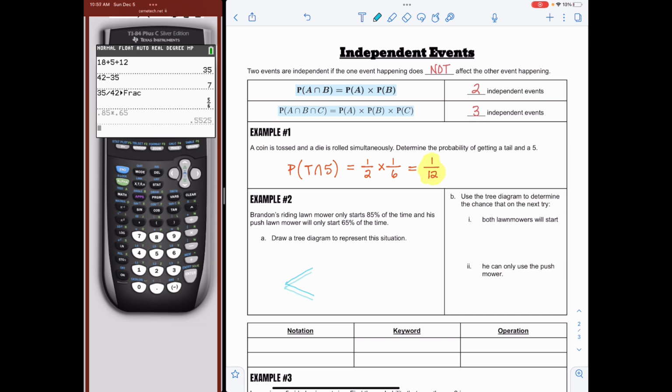So we're going to have that the riding lawnmower is going to start up, or the riding lawnmower is not going to start up. And then we have to look at the push lawnmower. So if the riding lawnmower does work, then the push lawnmower has two outcomes. The push lawnmower could work, or the push lawnmower could not work. Notice I'm using R for riding and P for push, and the apostrophe means not.